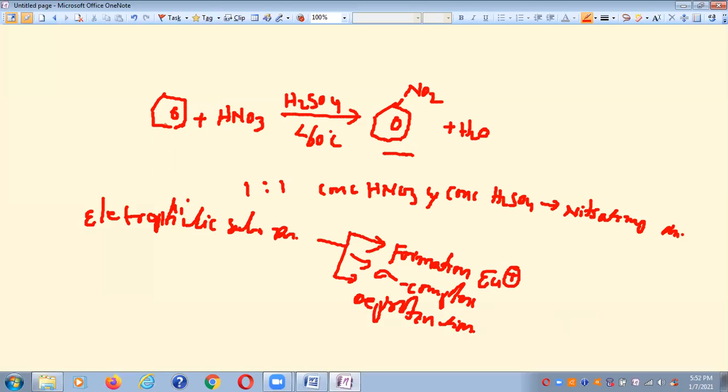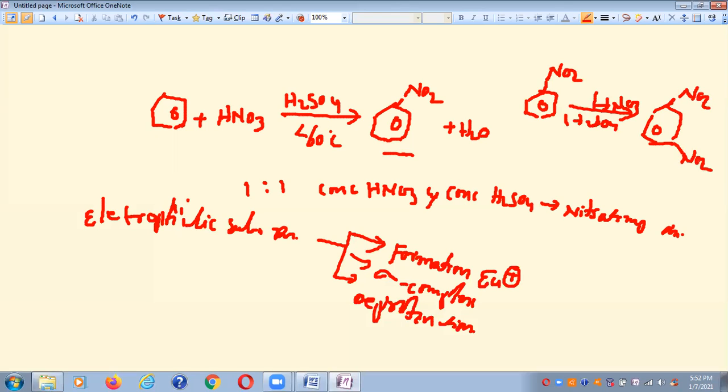Here, when benzene is treated with nitrating mixture, the temperature should be less than 60 degrees centigrade. If you maintain the temperature at more than 60 degrees centigrade, then what happens? This nitrobenzene further undergoes a nitration reaction again with the same reagent, that is HNO3 and H2SO4, and thereby we get 1,3-dinitrobenzene.